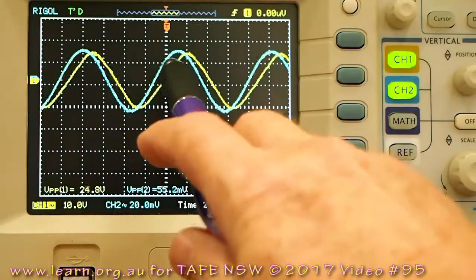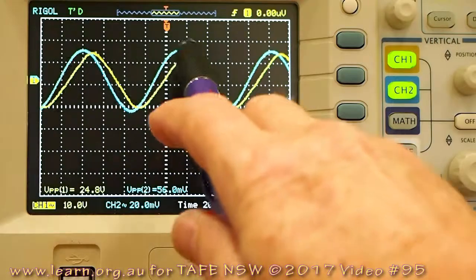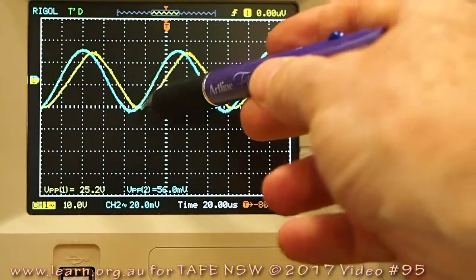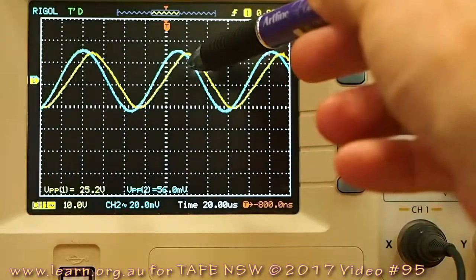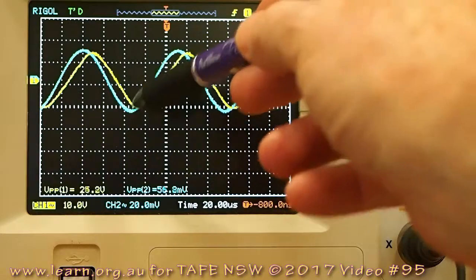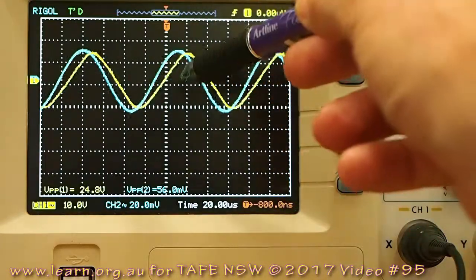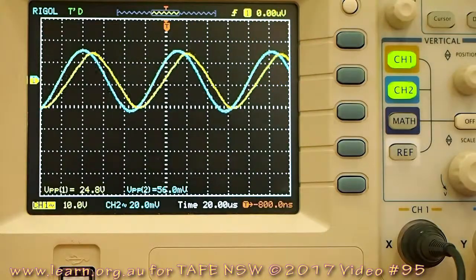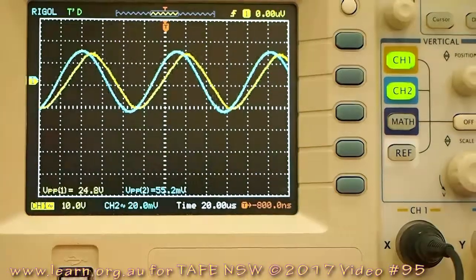But I can see that I'm more rounded there on the input than I am on the output, meaning that we're starting to get some slew rate distortion. The output can't quite change the voltage. The voltage swing can't happen quick enough without causing me some distortion. So that's at 11 kilohertz.